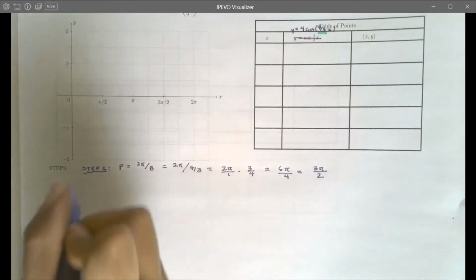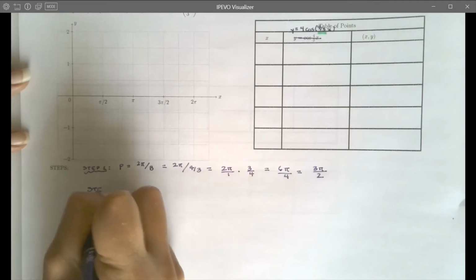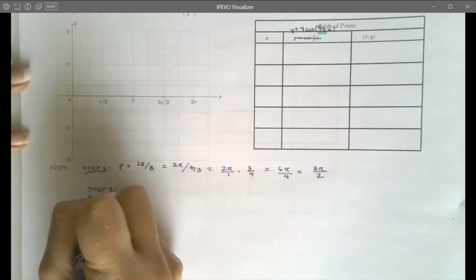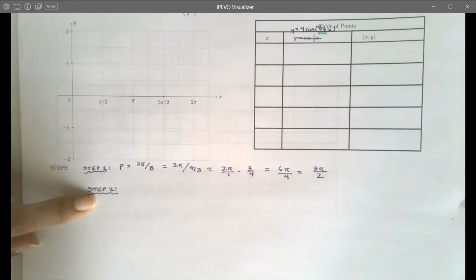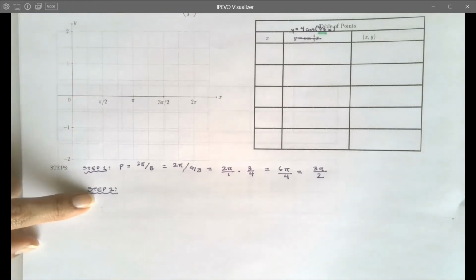That's the first step. The next step is to find the step size. When I say find the step size, I mean find the difference between each x value. If you recall from last week's lecture, the peaks, the zeros, and the lowest points of the graph happen at every quarter of the cycle. So we're going to take the period and divide by 4, because the period defines where one cycle is completed.